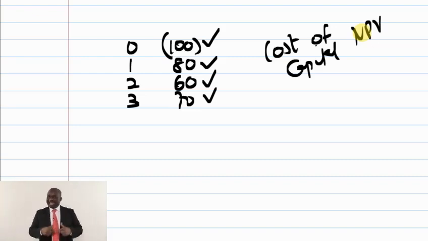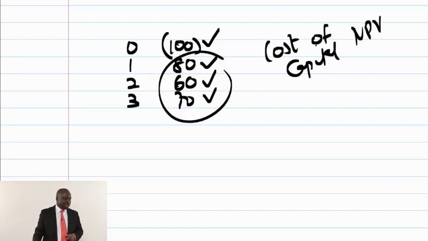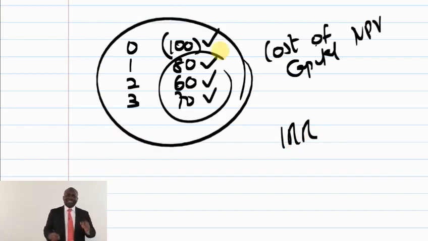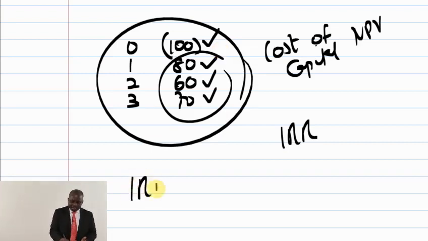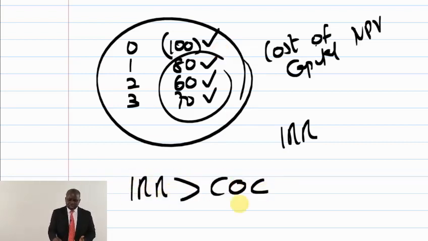The internal rate of return calculation implies that the cash flows you get from the project have to be reinvested, and you are going to get a return which is equal to the internal rate of return. And we all know that for the project to be invested in, the internal rate of return will be greater than the cost of capital.